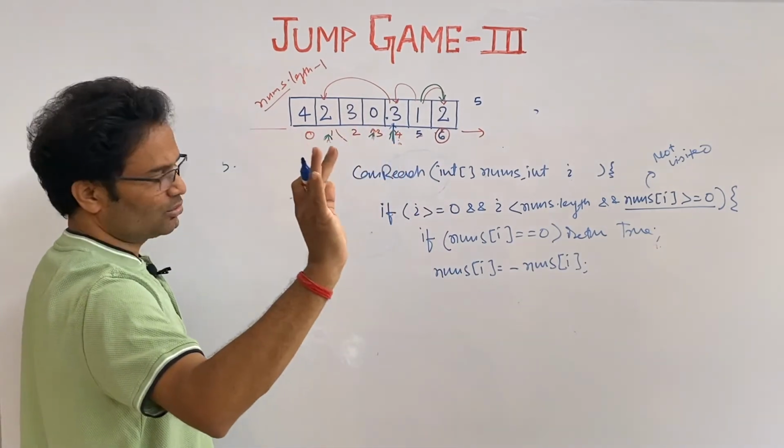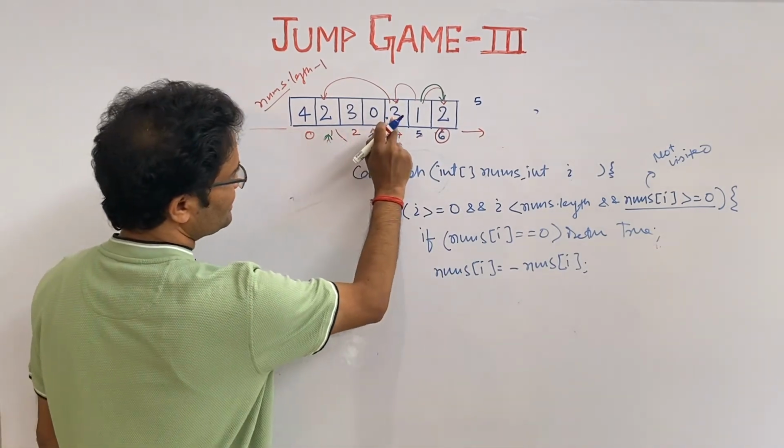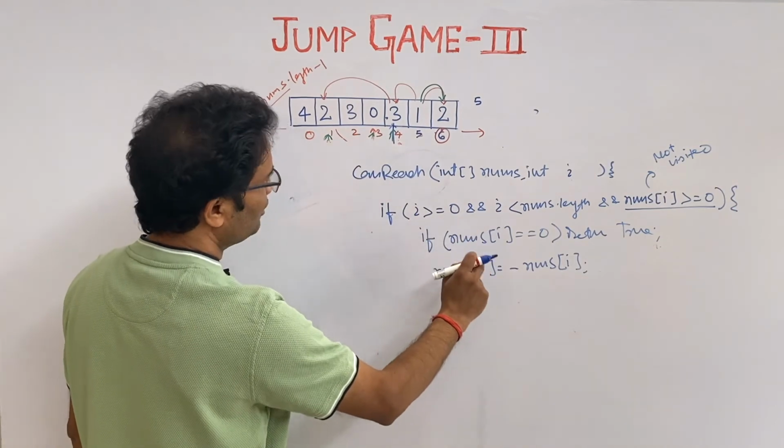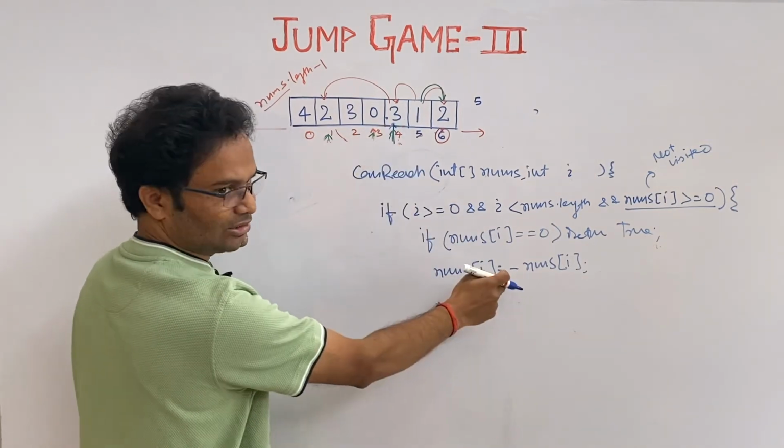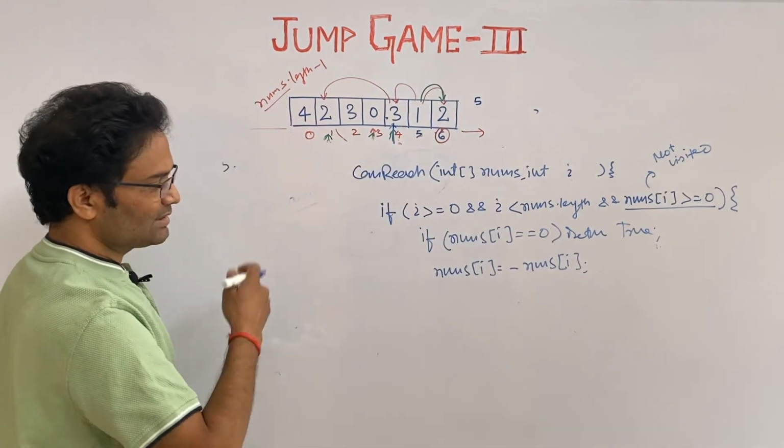If this condition is okay, then I check whether this is 0. If it is not 0, we mark it visited with the negative, and again I call the same method.